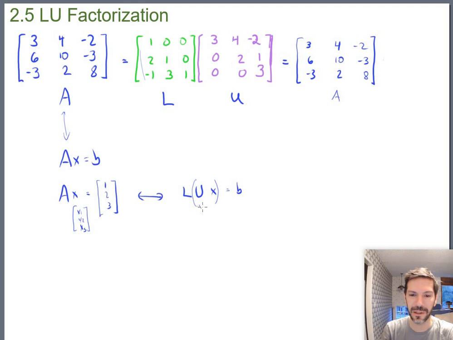And I am going to just call that, for sake of convenience, Y. But notice what I am trying to solve right now is a triangular matrix times unknowns equals b. So like we just said on the previous screen, that's triangular. So it's easy. So pretty easy to solve for y.